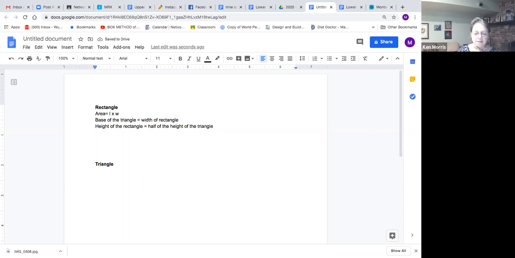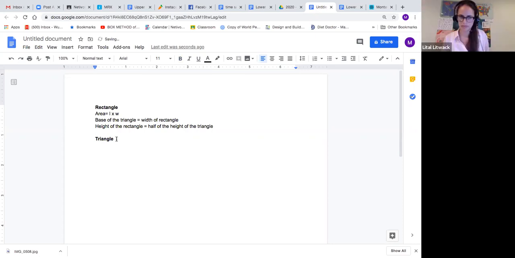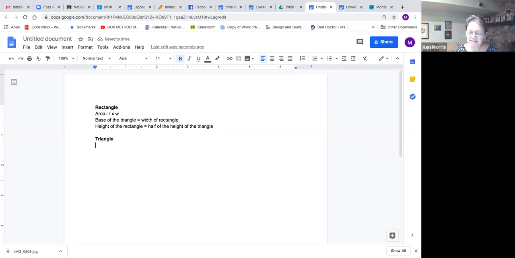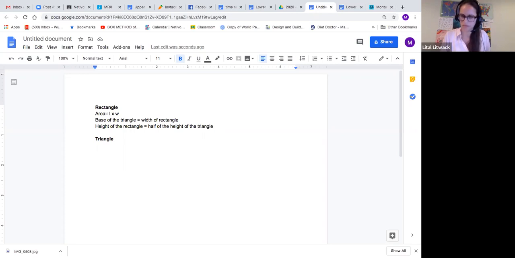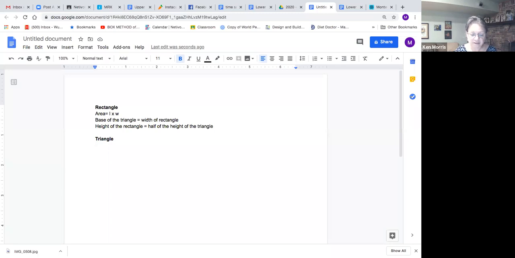So if we now want to go ahead and write the formula for the area of a triangle, we know it has the same area as the rectangle because we saw that they are equivalent. The areas are equivalent.